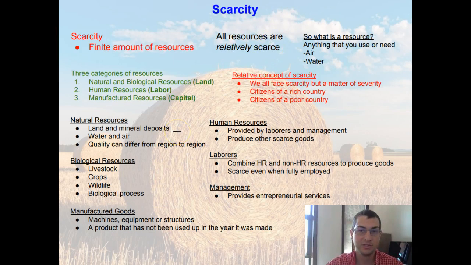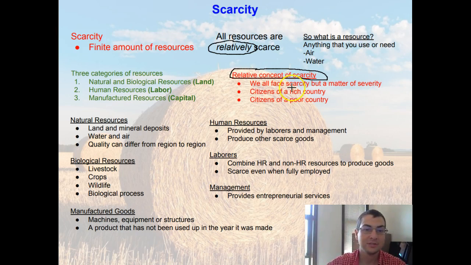Now, a very interesting thing to note about scarcity is it's all relative. We talked about it up here and we said that all resources are relatively scarce. Well, we also must bring it back to the concept of the relative concept of scarcity on a national scale. So we all face scarcity, whether we're here in the United States or in England or South Africa, or whether we're in India or China or Russia or anywhere throughout the whole world.